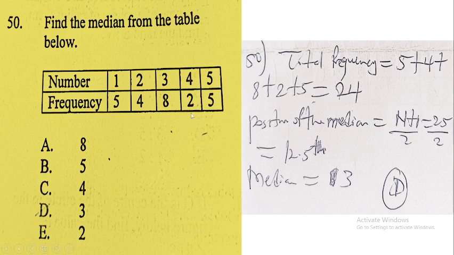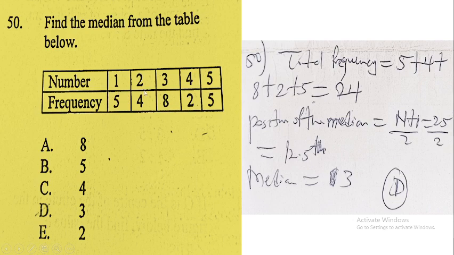By first of all knowing the position of the median. How do we know the position of the median? It is by adding the frequencies together. That will be 24 plus 1 divided by 2, and that will give us 25 over 2. So the median is in the 12.5 position. And how do we get that?